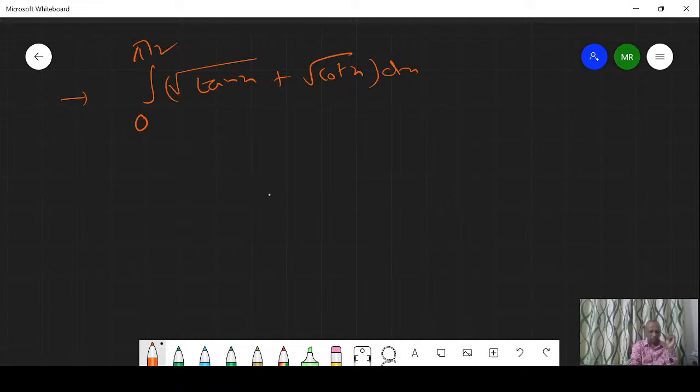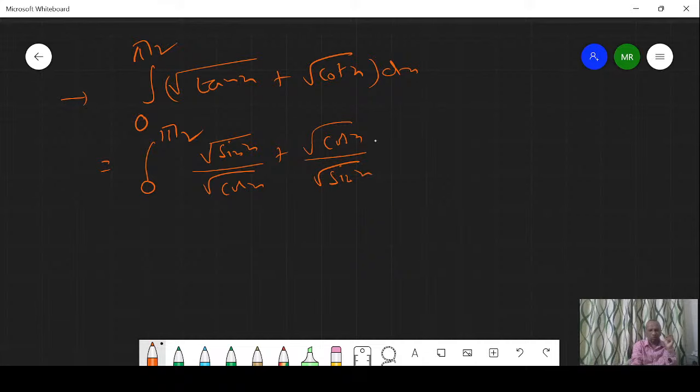In this problem, I can write the limits 0 to pi by 2. Root tan x means I can write root sin x by root cos x, plus root cot x, which is root cos x by root sin x, dx.